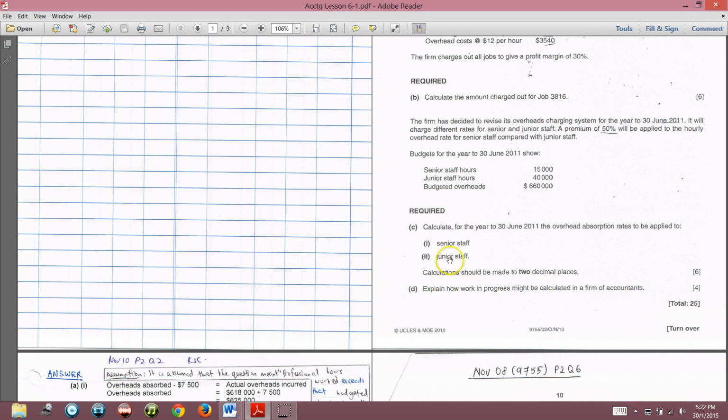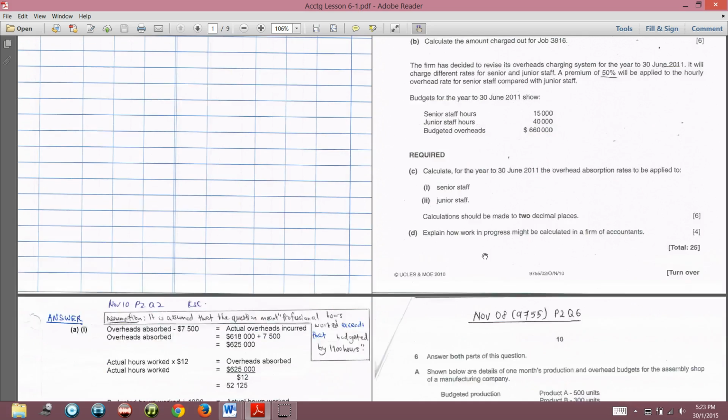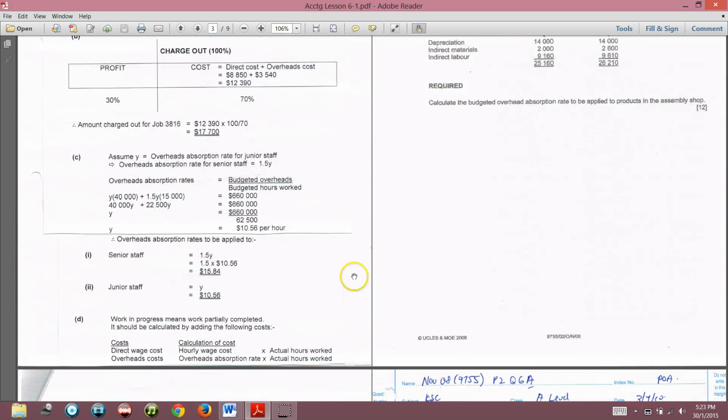Calculate for 30 June 2011 the overhead absorption rate to be applied to senior staff and junior staff. Once you understand it, it's actually quite simple mathematics. The junior staff hours is 40,000, and the senior staff hours is 15,000.